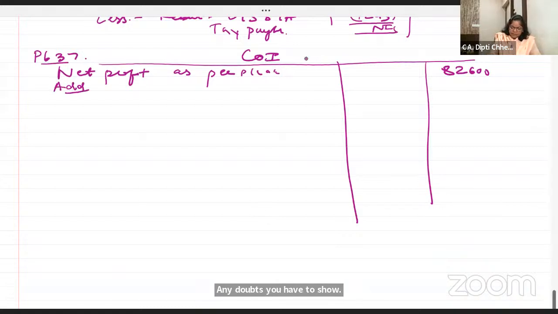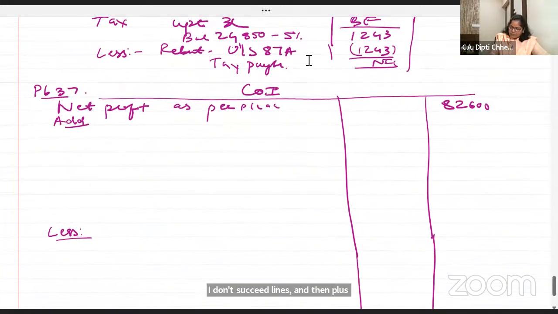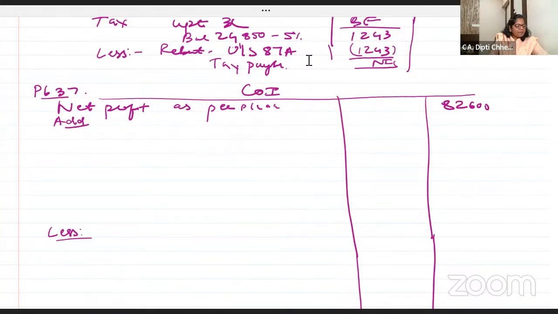Add. Around 6-8 lines and then less. Finish drawing, start reading from the credit side.